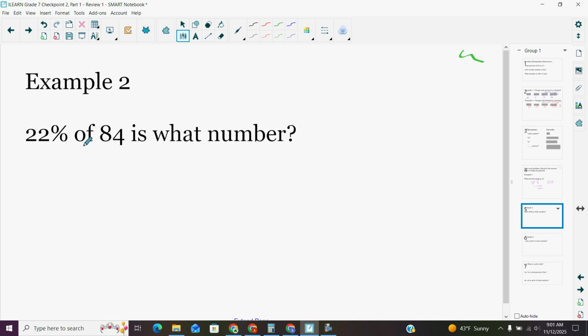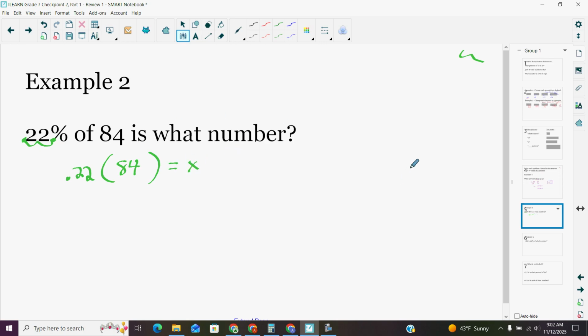We need to write that as a decimal here. To change from a percent to a decimal, the decimal point moves 2 places to the left. So I get 0.22. Of means multiply. Use parentheses this time. 84 is, I put equals, what number?